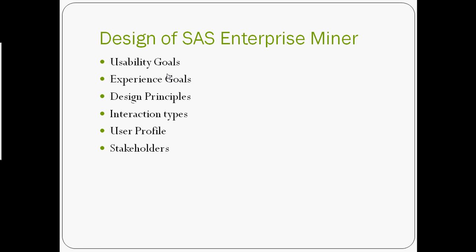The design of SAS Enterprise Miner has taken into account several of the concepts that we have covered in this class. Usability goals have been taken into account, and so are user experience goals. Design principles have been taken into account, such as consistency and visibility.